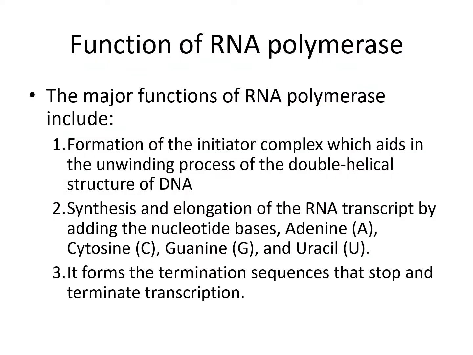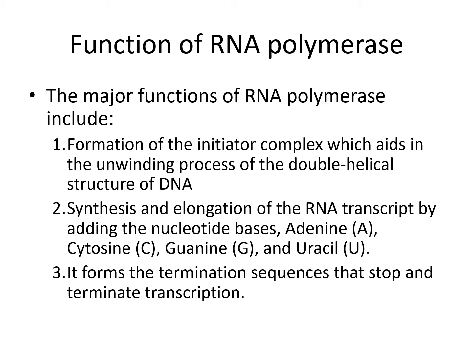The enzyme that synthesizes RNA during transcription is called RNA polymerase. The major functions of RNA polymerase are, number one, involvement in the formation of the initiator complex, which aids in the unwinding of the double helical structure of DNA.